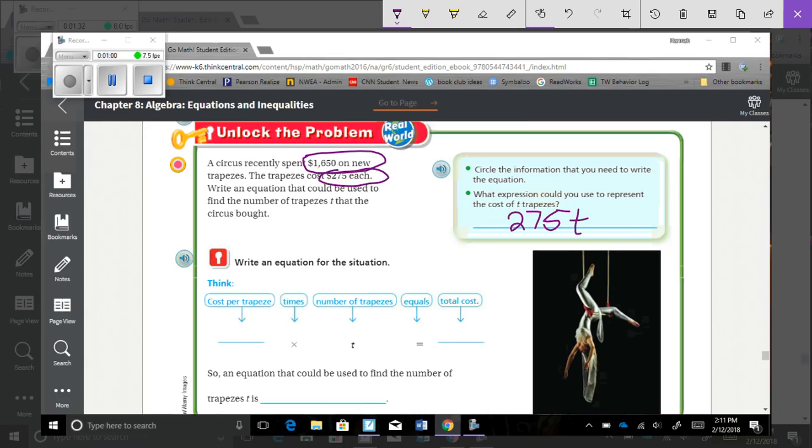So look down on write an equation for the situation. We need to be thinking cost per trapeze, which it says $275 each. So we're going to write $275 times the number of trapeze, which it says that the number of trapeze is T, equals the total cost, which is $1,650.